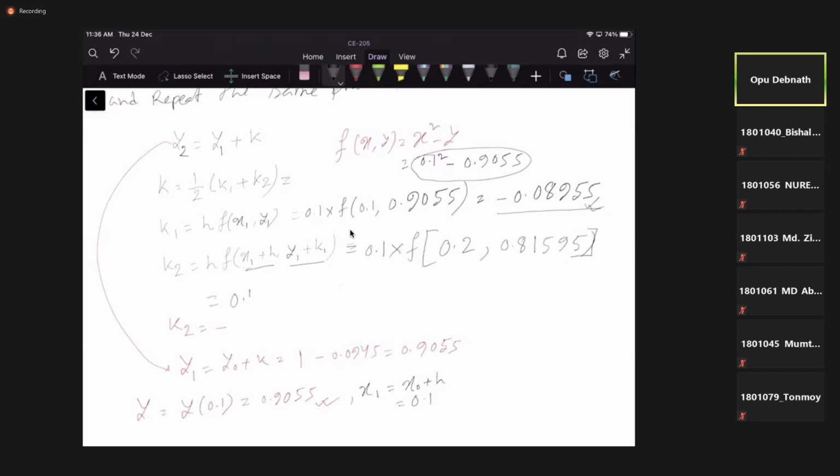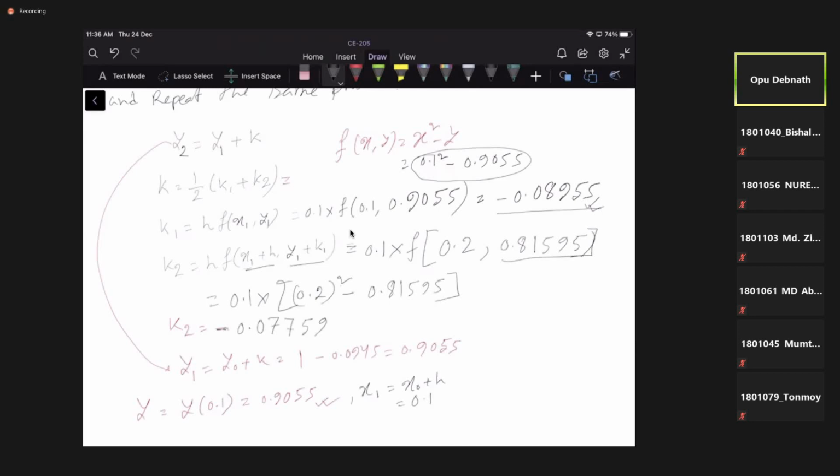This is actually 0.1 multiplied by x squared minus y, so 0.2 whole squared minus the y value, which is 0.81595. After solving this, you will get minus 0.07759.